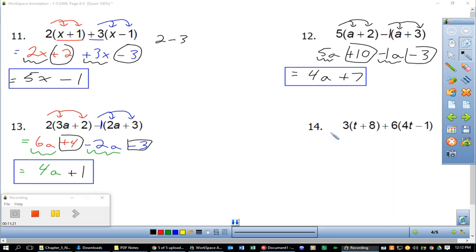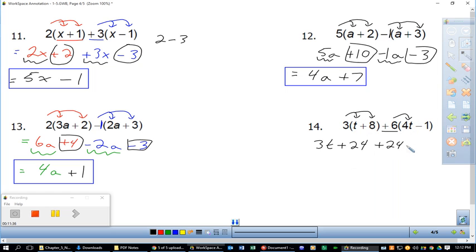All right, 14, distribute a 3. 3 times t is 3t. 3 times 8 is 24. Second half, positive 6 times 4t is 24t. 6 times a minus 1 is minus 6.